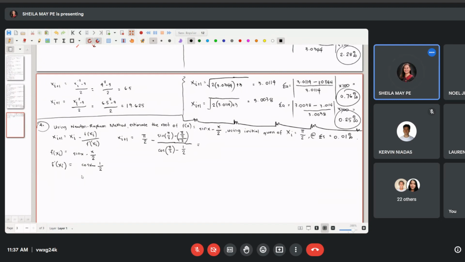So that's sine pi over 2 minus pi over 2 divided by 2, over cosine pi over 2 minus 1 over 2.